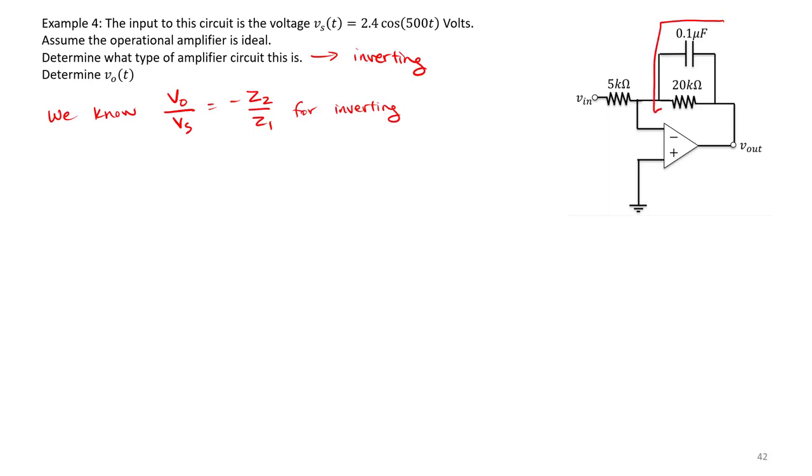So in this case, notice Z2 is the capacitor and 20 kilo ohm resistor in parallel with each other. And notice Z1 is just equal to 5,000 ohms. So in order to find that ratio, we need to find Z1 and Z2.